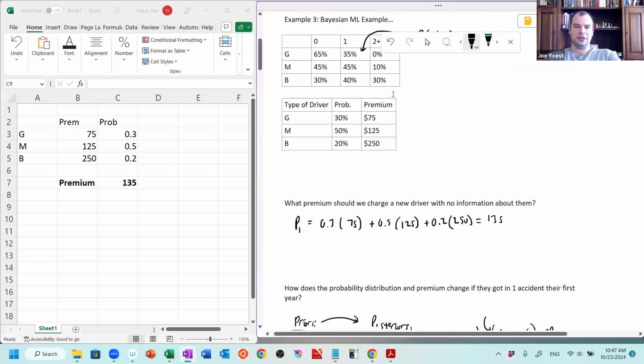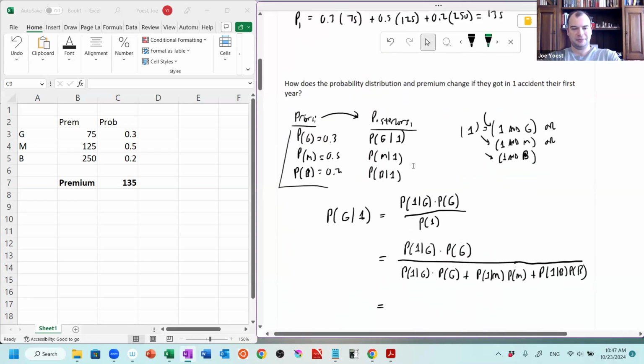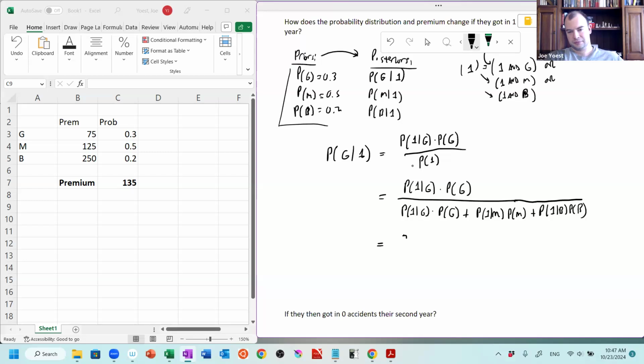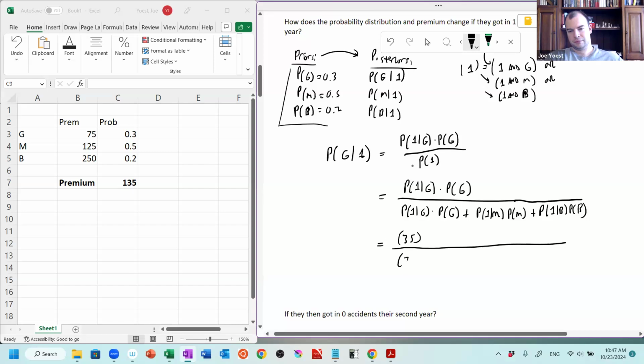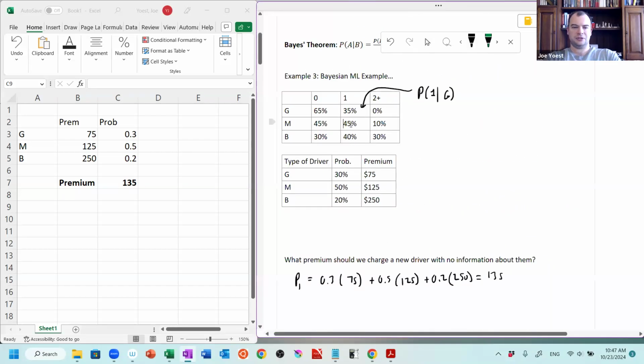Okay, so what's probability of one given good? Probability of getting in one accident given they're a good driver is 35%. What's probability of one given moderate? That is 45%, and one given bad is 40.